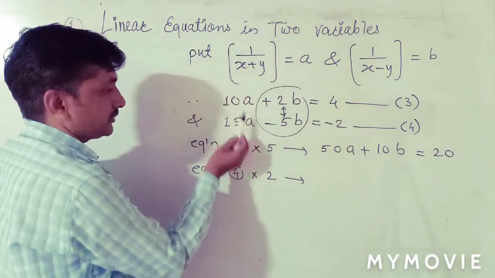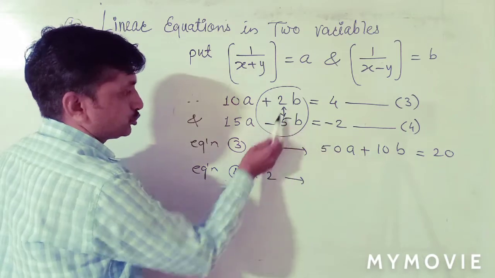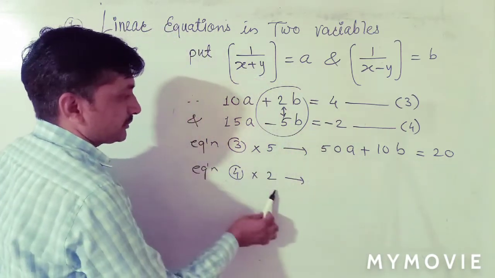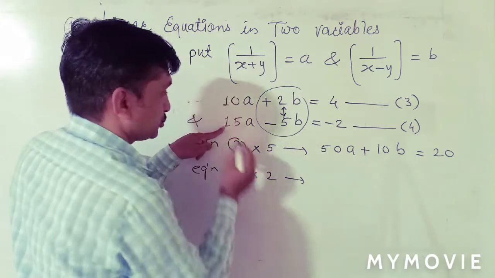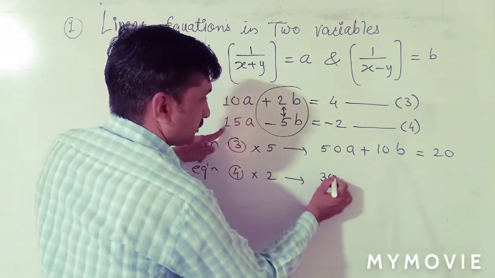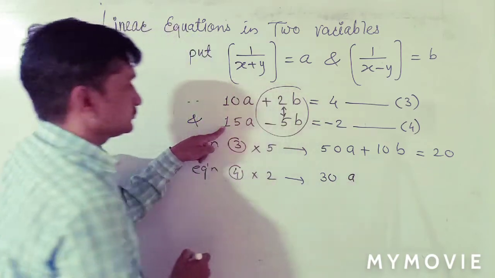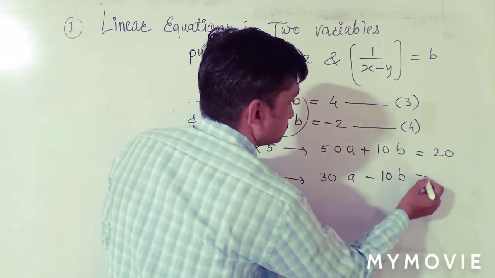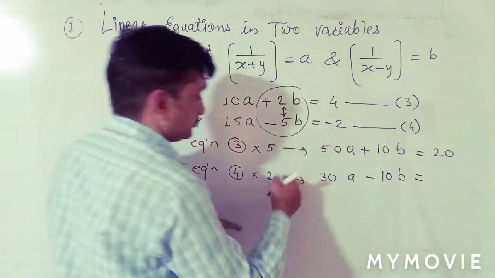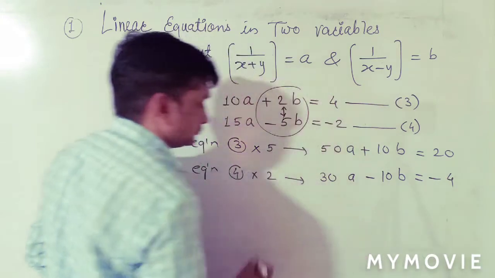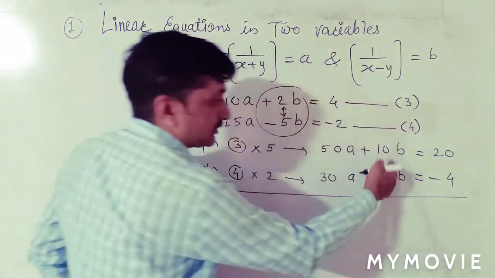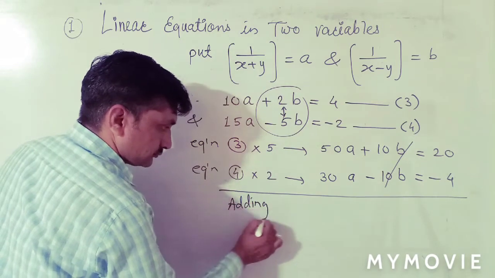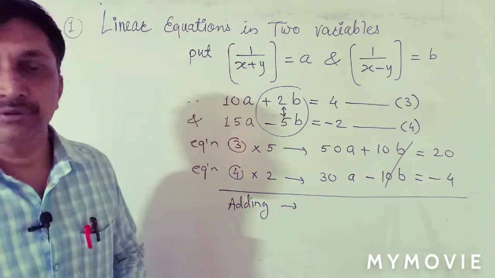Now equation 4 multiplied by 2. 15 twos are 30a minus 5 twos are 10b is equal to 2 twos are 4. Now here 10b minus 10b cancel by adding.